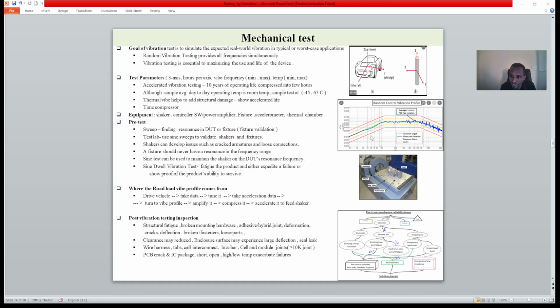But here shows a little bit about the profile. For example, the green is where you expect, and the blue is what your response is. That's the ideal, but the blue is just the response, and then you have another tolerance. So yellow is a tolerance. You expect plus or minus like 3 dB, 2 dB, but if you are over that, you've got to be cautious that it shouldn't be past that tolerance.